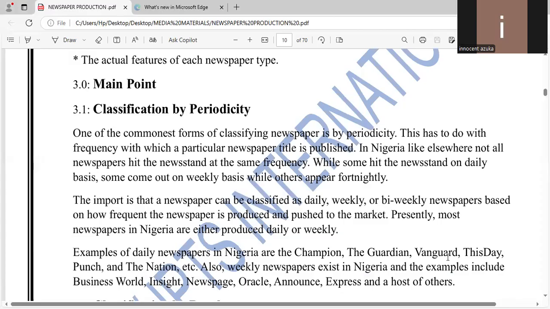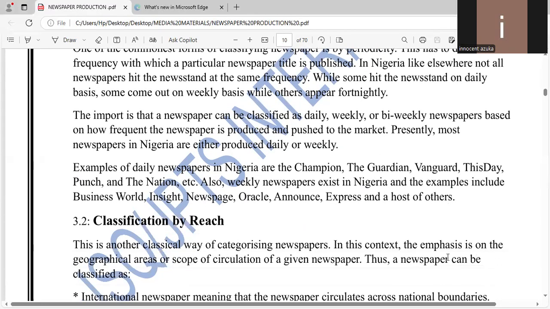In Nigeria, like elsewhere, not all newspapers hit the newsstand at the same frequency. While some hit the newsstand on a daily basis, some come out weekly, while others appear fortnightly. Examples of daily newspapers in Nigeria are Champion, Guardian, Vanguard, This Day, Punch, The Nation, etc.